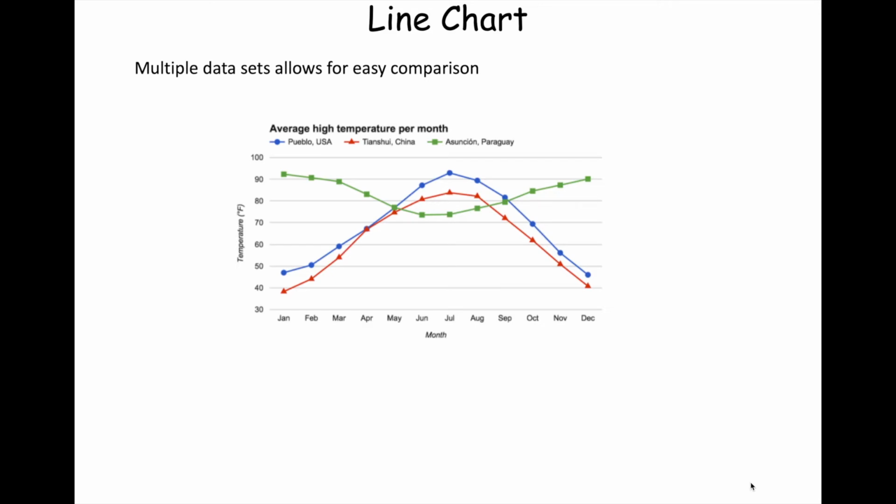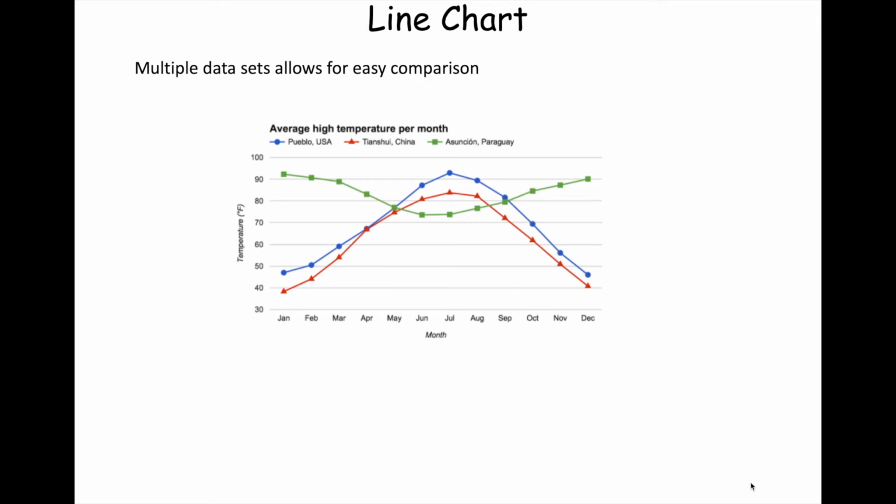And so the green represents Asuncion, a city in Paraguay. The blue chart represents Pueblo in Colorado, USA. And the red represents Jianshui in China, right? So we have three different cities, and they're at some geography, and someone has measured the temperature over time for these three different locations.